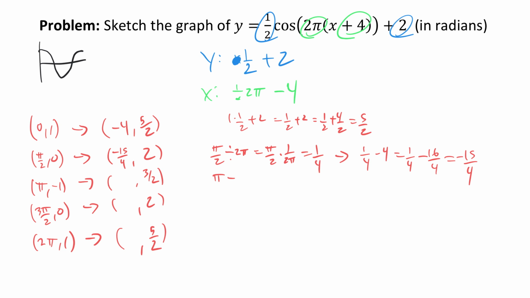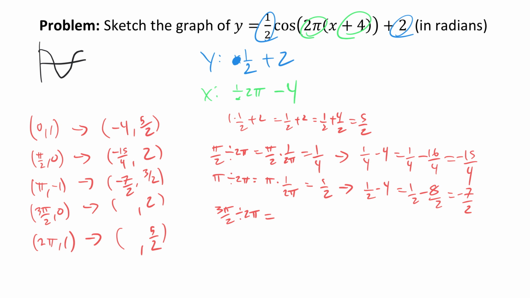Let's do pi divided by 2 pi. So it'll be pi times 1 over 2 pi, which will be 1/2. Now we do 1/2 minus 4, which is 1/2 minus 8 over 2, -7 over 2. 3 pi over 2 divided by 2 pi.